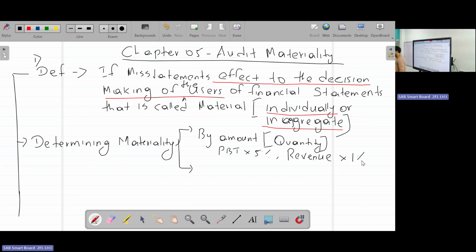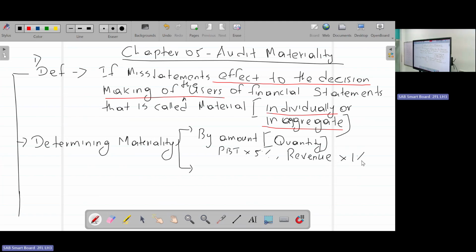Likewise, you can decide material. Let's say profit before tax is 100 million, 5% is 5 million. So now you can determine that 5 million is the material amount. All transactions above 5 million I can treat as material. All the transactions less than 5 million I don't need to bother.